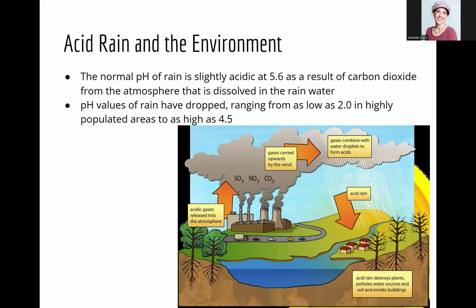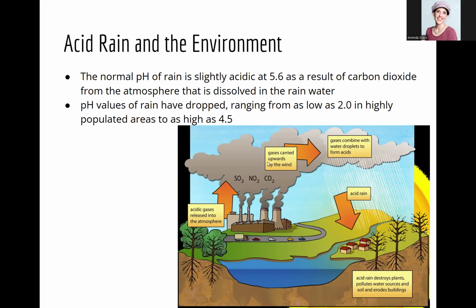The pH values of rain have actually dropped over the years. In some places, it's as low as 2.0 in highly populated areas that have a lot of traffic congestion and a lot of factories. And now it ranges as high as 4.5.